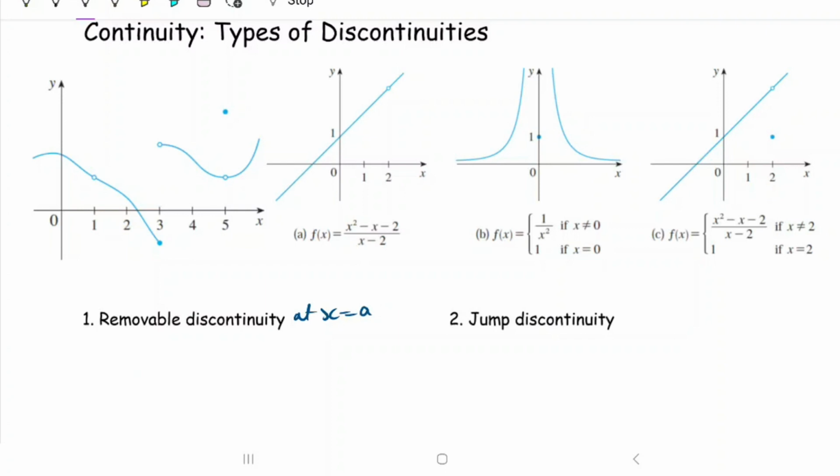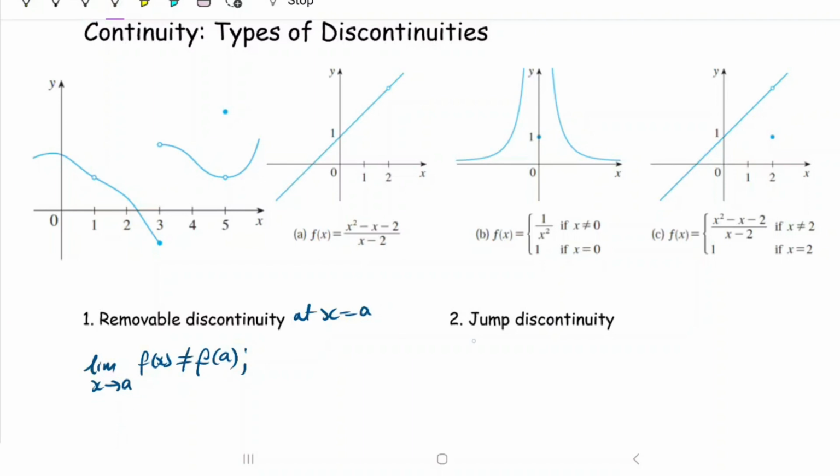Basically, this means that the limit of f of x as x tends to a, from both the left and the right, is not equal to the function at a. But remember, it's important that the limit exists. You will see that the limit exists, but the statement is not true. Therefore, you have what we call a removable discontinuity.